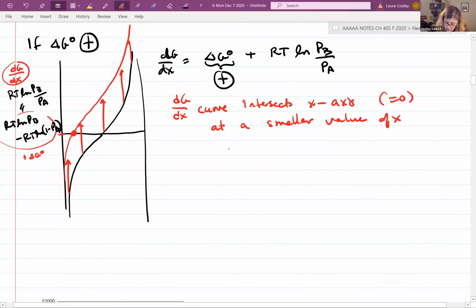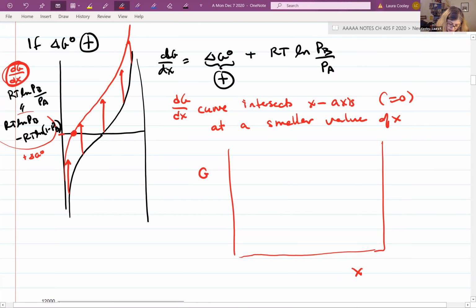So you can draw the Gibbs function. This is the slope here, dG/dx. What does G versus x look like? For very small values of x, when you start this curve, you have a very negative slope. These values are all negative for the slope, and these values are all positive. So the slope here will be negative, and that slope goes through 0 pretty soon.